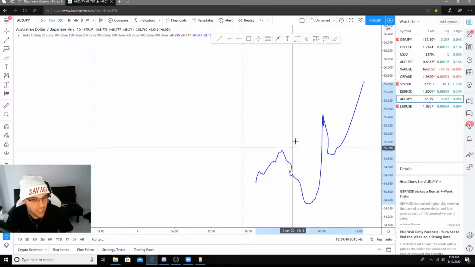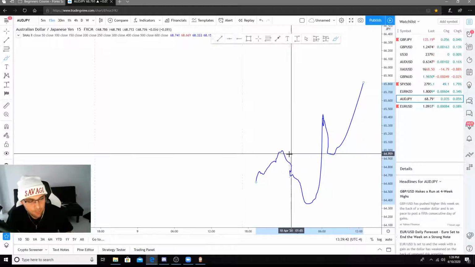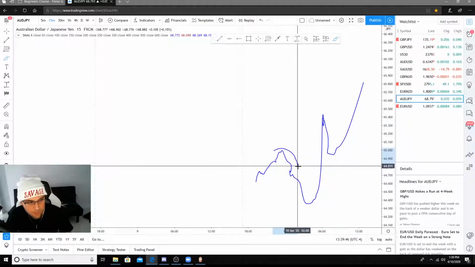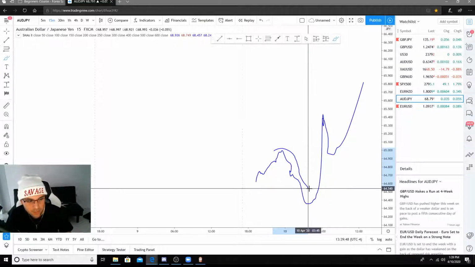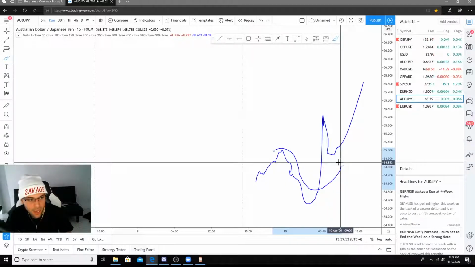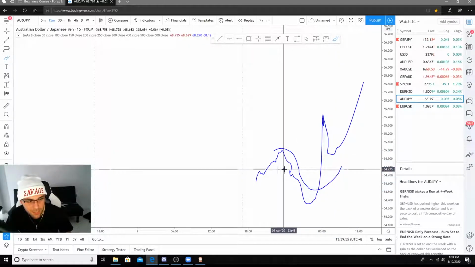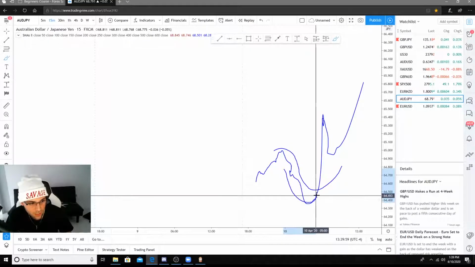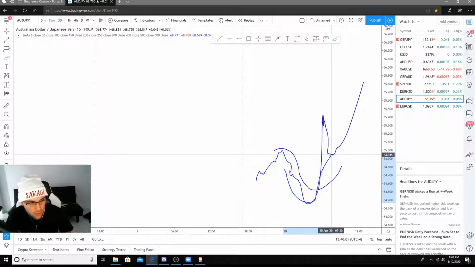Let's say we had the 50 SMA. Remember, the 50 SMA is what lets us know price is bullish. Then you will have it go like this, and under here most of the time is the other moving average. Then you'll see them cross over.